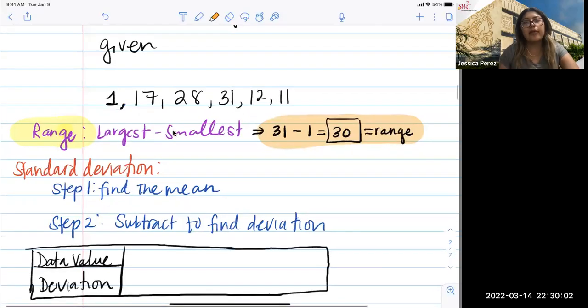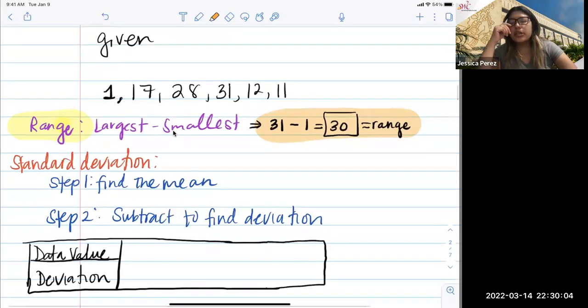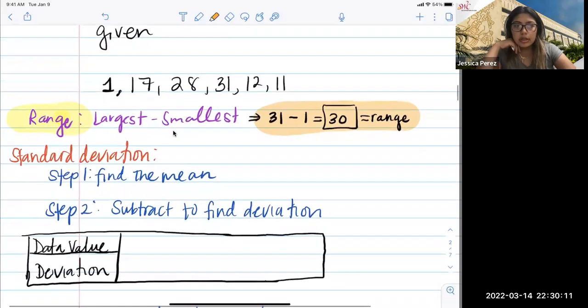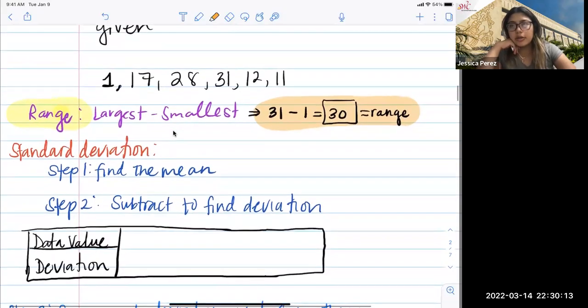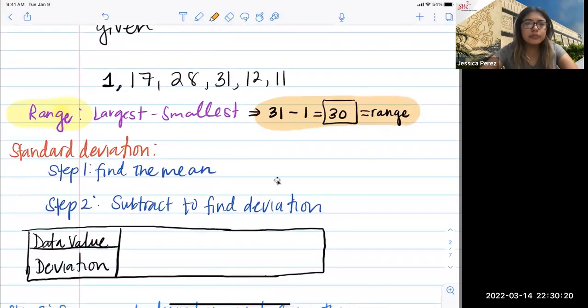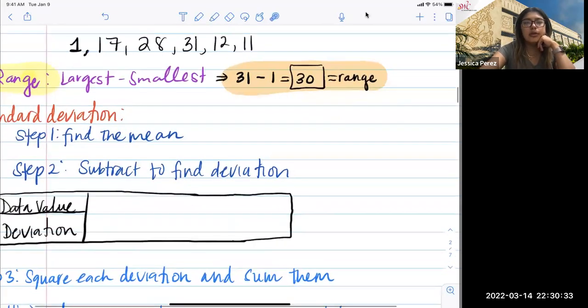Okay. Now, finding standard deviation is a little bit more complicated and kind of lengthy. So I wrote in some steps that you can do. You should also be able to find these steps in section 12.3, measures of dispersion, in the PowerPoint that I have for you.